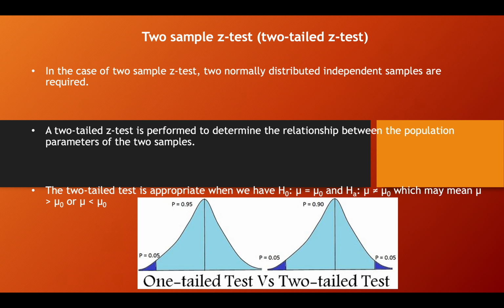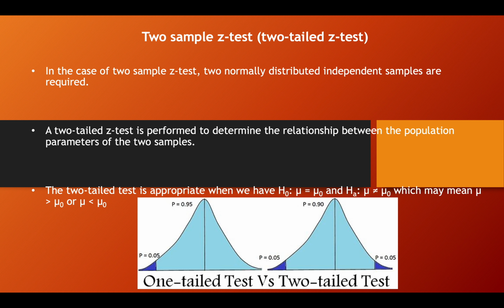And now we talk about the two sample z test, that is the other part of the z test. In the case of the two sample z test, two normally distributed independent samples are required. A two-tailed z test is performed to determine the relationship between the population parameters of two samples. In the case of the two-tailed z test, the alternative hypothesis is accepted as long as the population parameter is not equal to the assumed value.